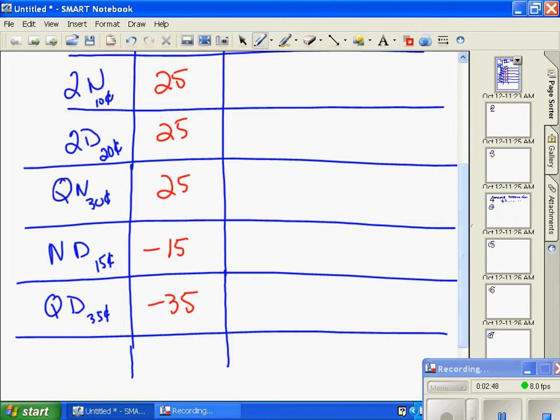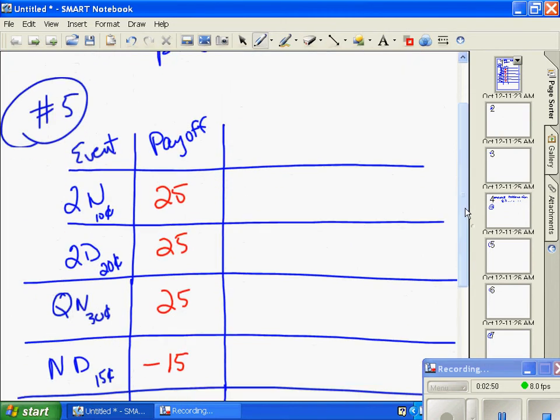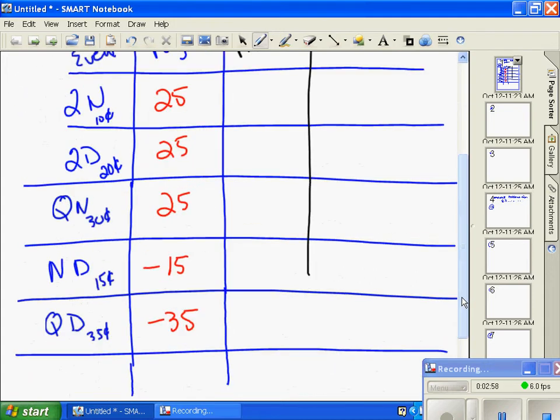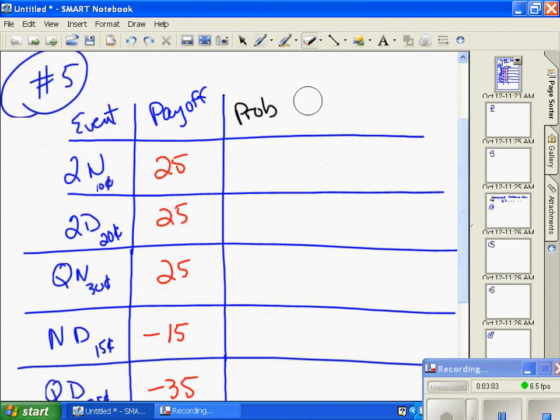Okay? The next thing I want to do is my probability. So here's my probability column. For the probability I want 2 nickels. How many nickels do I have to choose from?